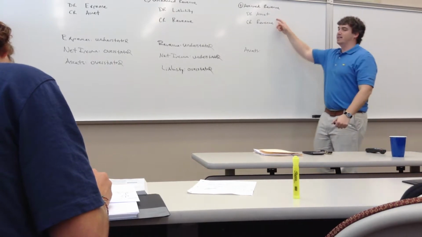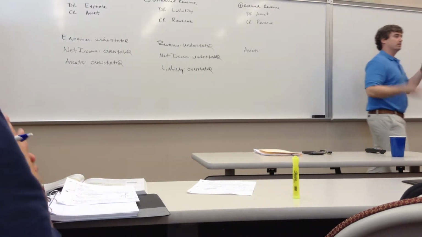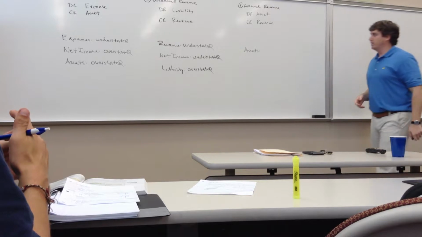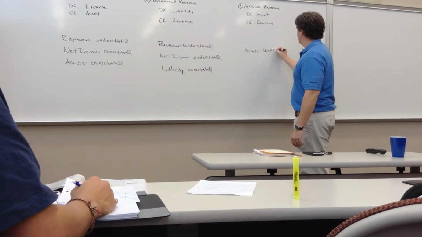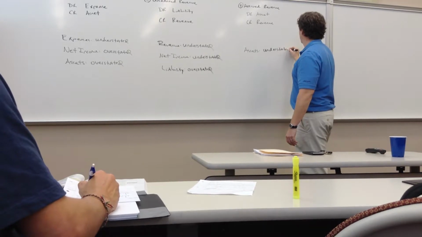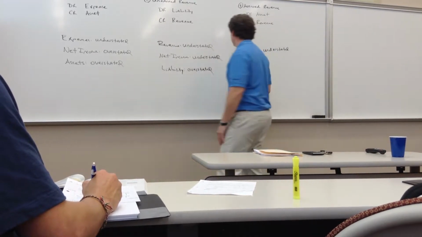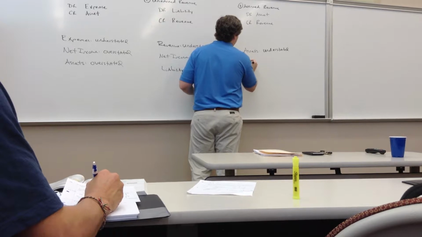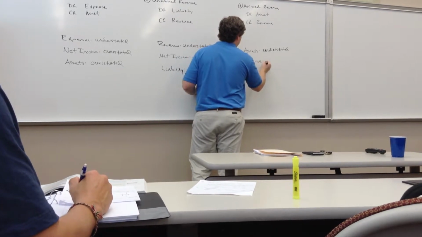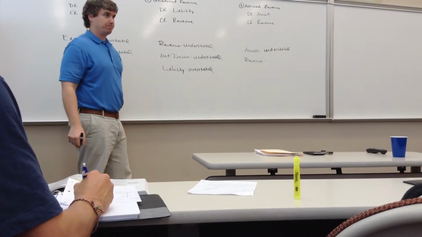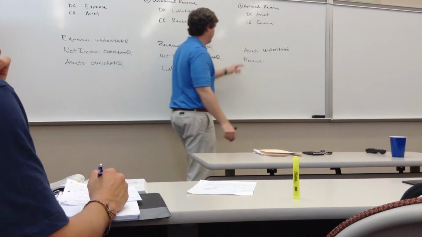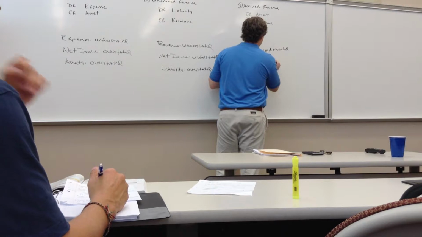I'm debiting an asset. A debit to an asset increases the asset. So if I don't do this, assets will be understated. The other half of the entry, if I don't credit revenue, then what? Revenue is going to be understated.